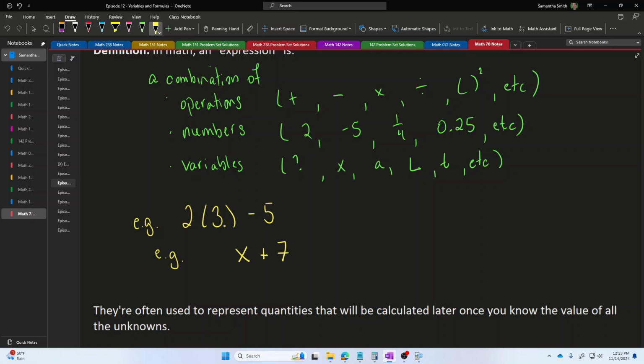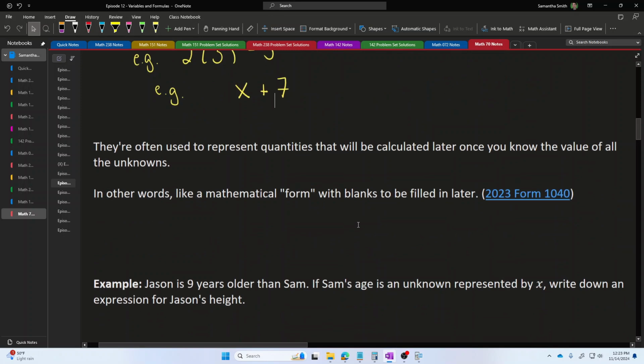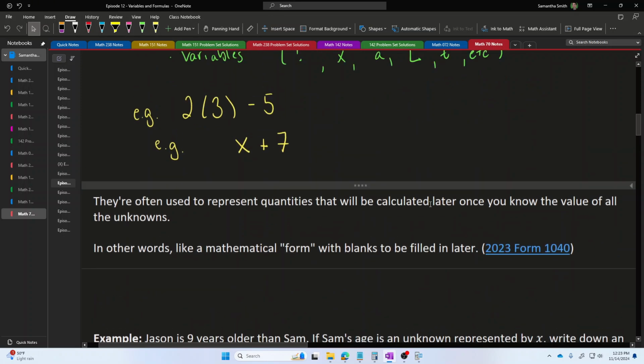Because I don't know what the number x is, but once you figure out what x is, add 7 to that. Here's a combination of variables, addition, and numbers. Expressions like this one usually are used to represent quantities that you will calculate later once you know the value of all the unknown numbers that are being represented by variables.